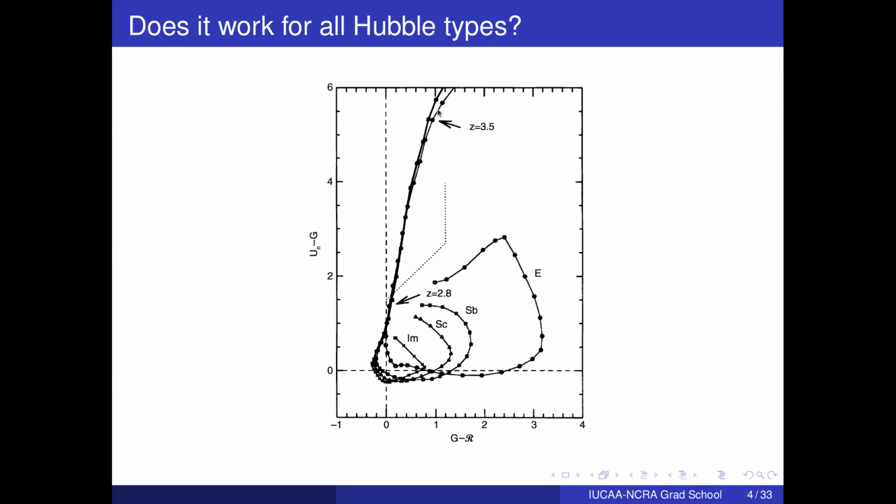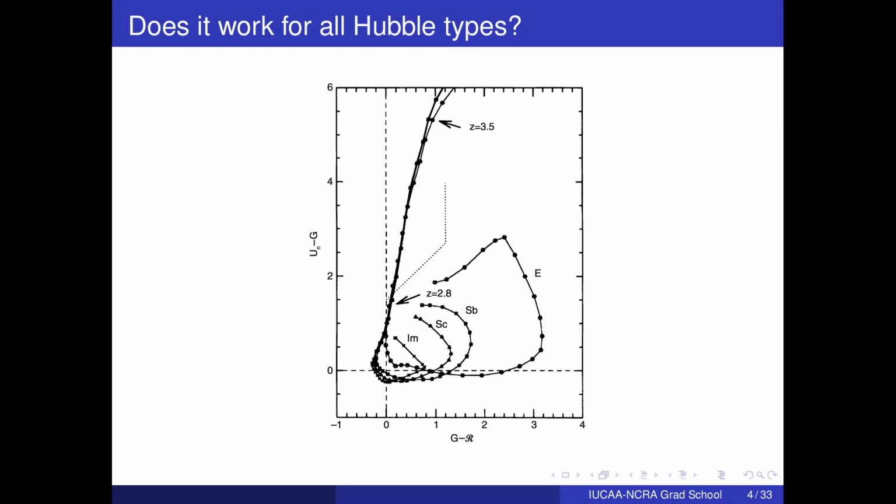Will you pick up all morphologies? All the curves are nearly coincident. So you'll pick up all morphologies. But remember, morphology is probably a wrong proxy, but you will pick up galaxies with different star formation situations. Because remember, morphology doesn't exist.